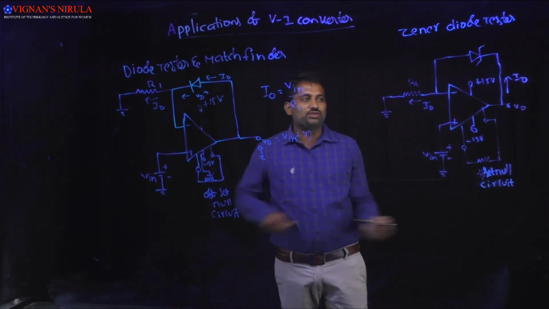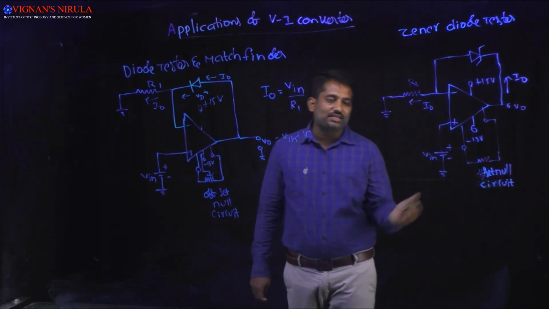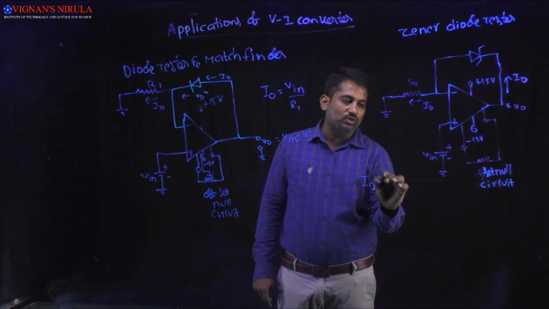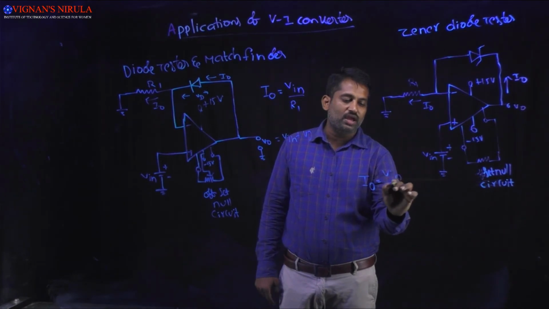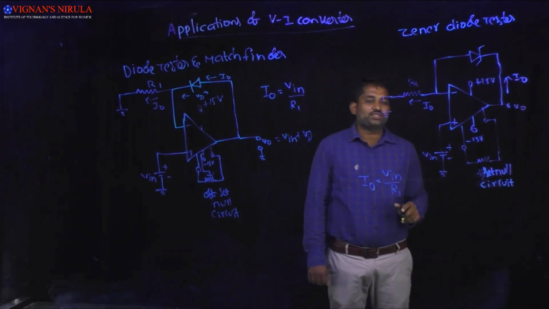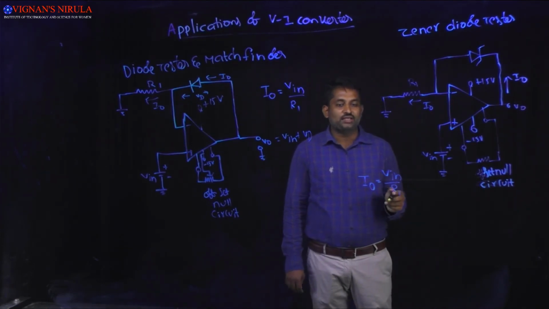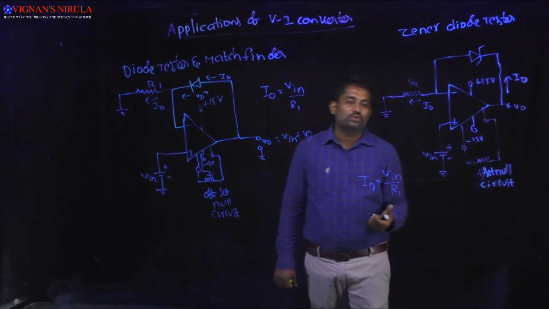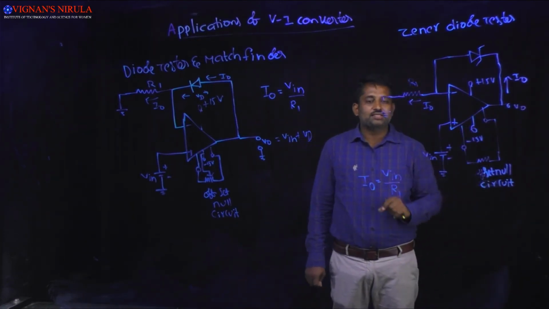So first what we have to do is set the output current. Output current I0 is equal to Vin divided by R1. So to remove the errors, before setting the output current, by using the offset null circuit, we are going to remove the errors in the circuit.